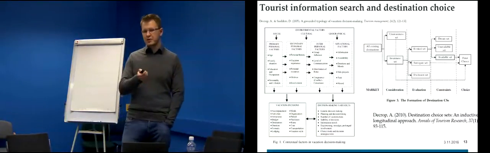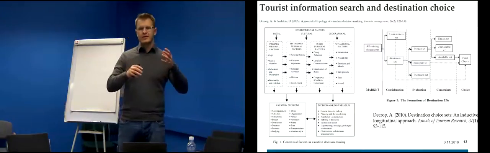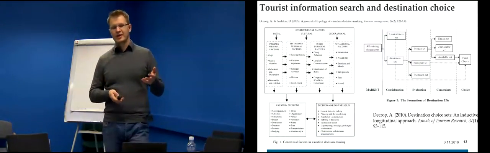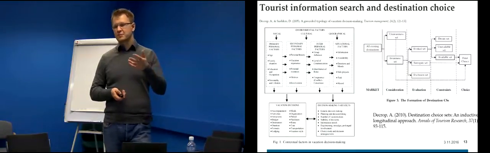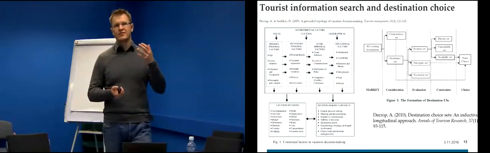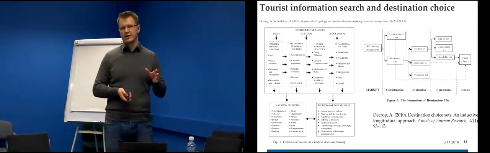There are a lot of reasons probably going on. And all these things that create our dream destination are because of the brand image and destination brand that we have in our minds. This would be the destination that I would like to visit.